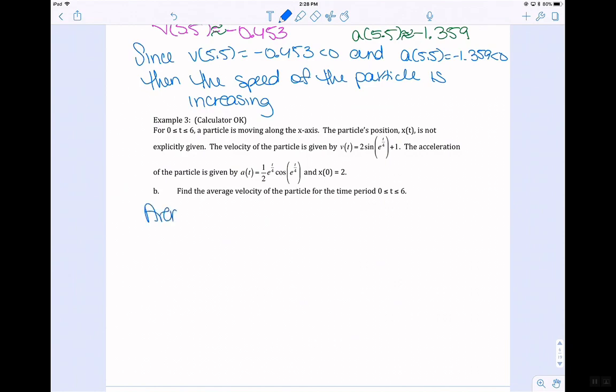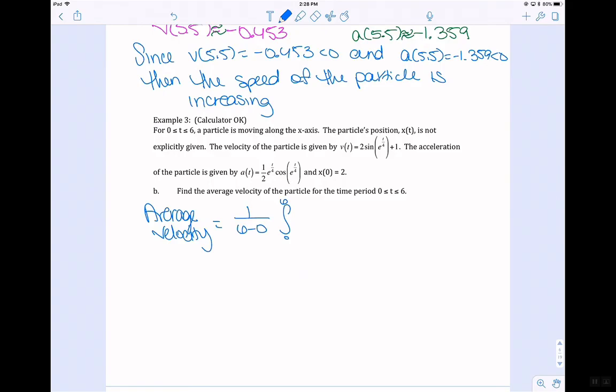So average velocity is equal to the change in position over the change in time. Change in time is from 0 to 6.